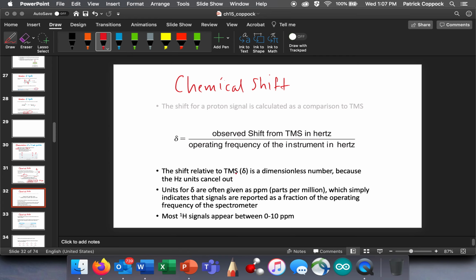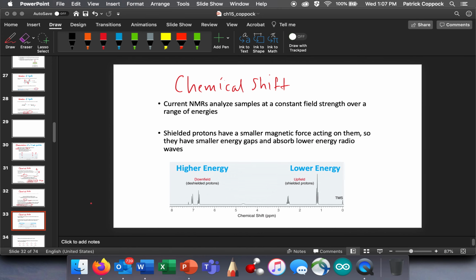We say ppm because the shift relative to TMS is a dimensionless number. Most proton signals appear between 0 and 10 ppm. We'll get used to that.